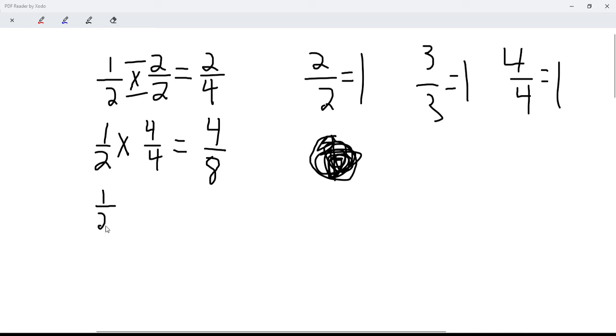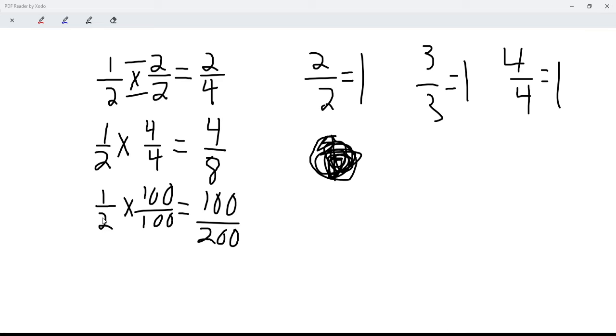I could do it times 100 over 100, and that would equal 100 over 200, which equals 1/2. So that is how we can think about equivalent fractions.